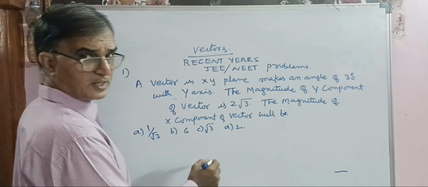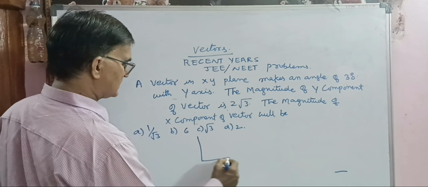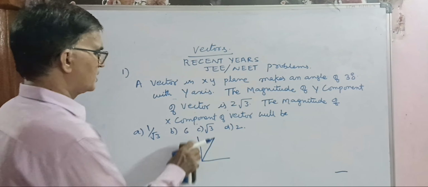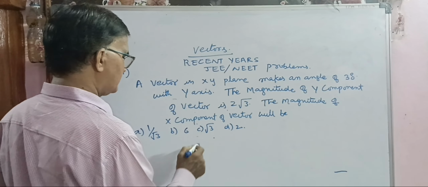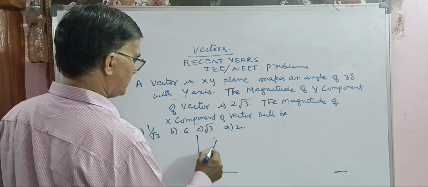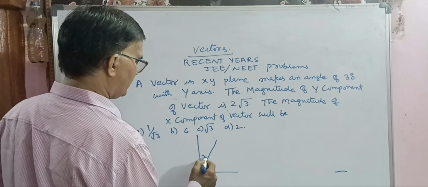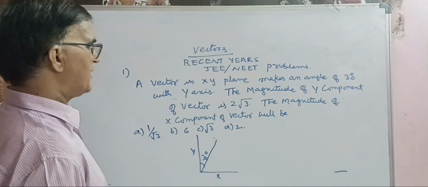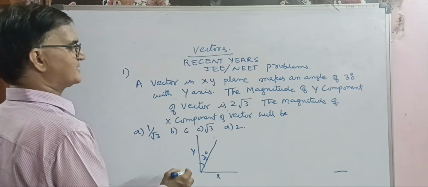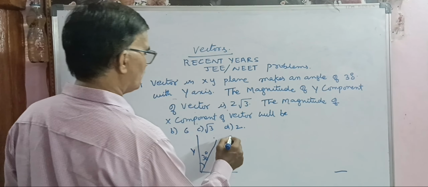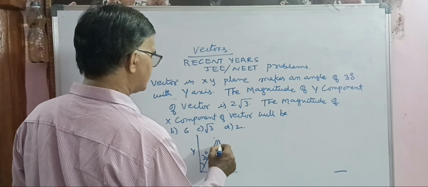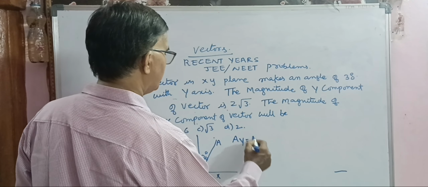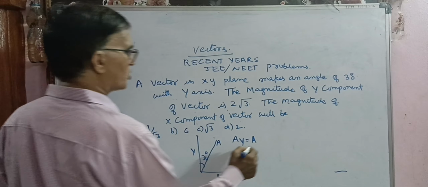Now here, in this case, if you draw a coordinate axis, the xy plane, with the y-axis the vector is making an angle of 30 degrees. Suppose you take this vector as A. The y component is A cos theta.